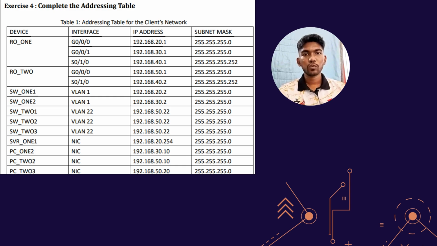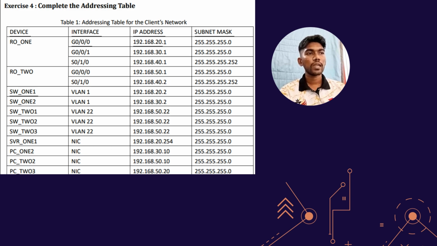In practical exercise 1, I want to explain about exercise 4, that is complete the addressing table. Table 1, addressing table for the client's network. In this exercise, we configure LLDP, that is Link Layer Discovery Protocol. It helps network devices advertise their identity and capabilities to neighboring devices even if they are from different vendors.